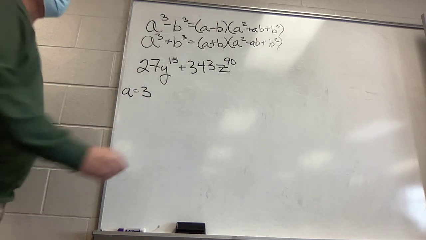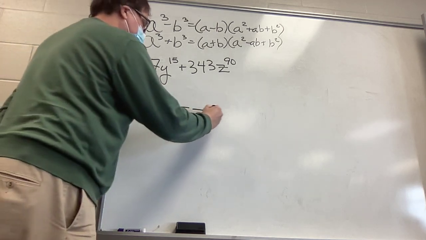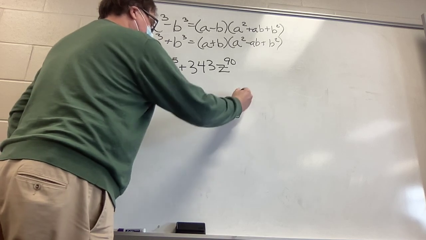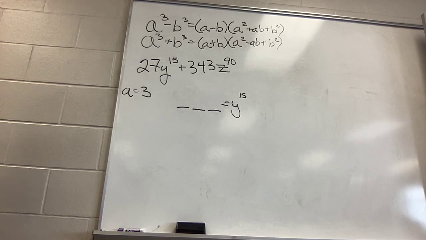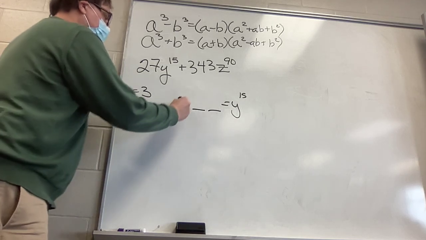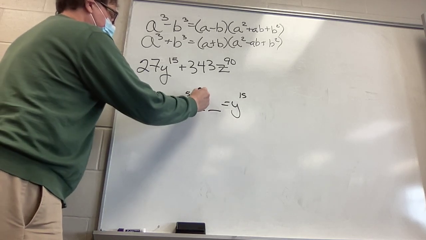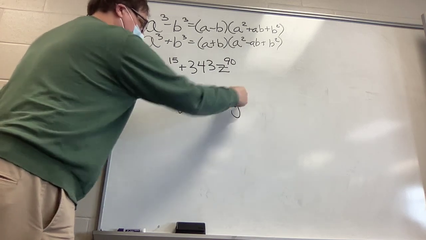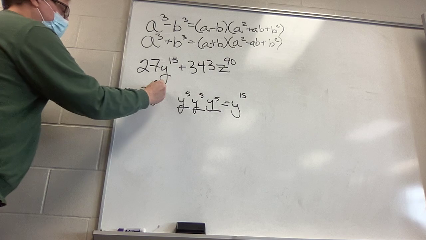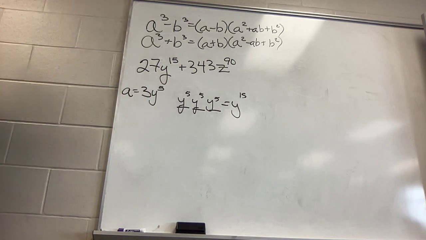Now, this was going over originally. I need something weird: same thing times same thing times same thing is y to the 15th. Well, that interestingly strange rule that you add the exponents means wherever you see an a, you're going to put a 3y to the 5th.